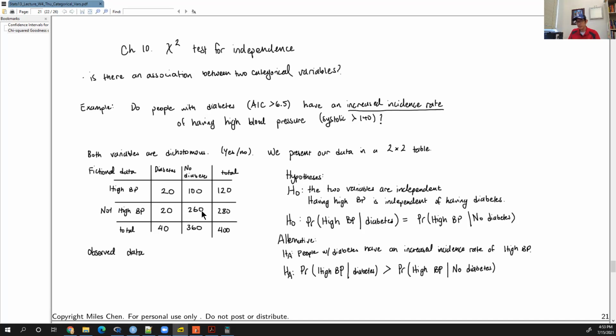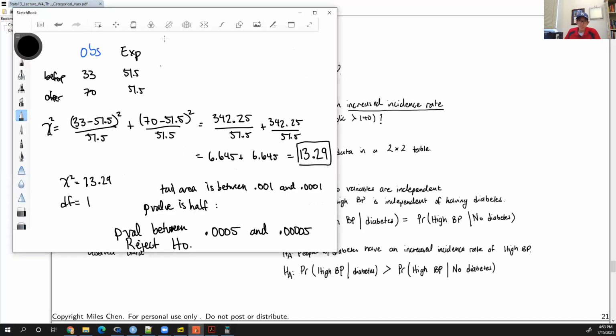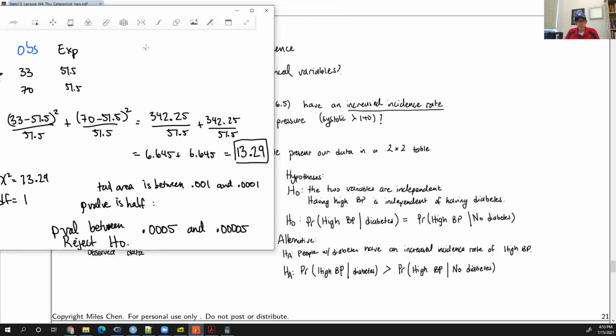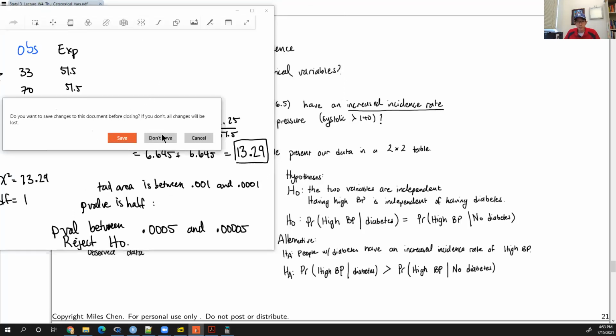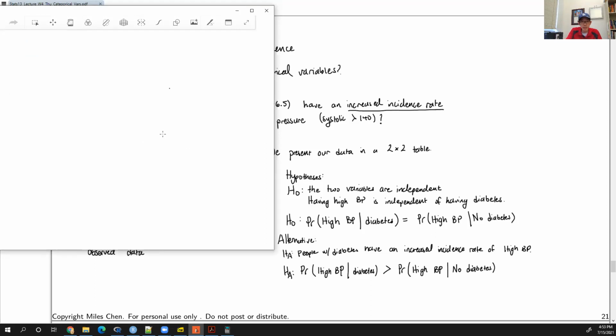Okay. All right. And so if you recall, what does it mean for variables to be independent? If we said events A and B are independent, we would say something like the probability of A given B is equal to the probability of A given not B, and this is just equal to the probability of A, right?